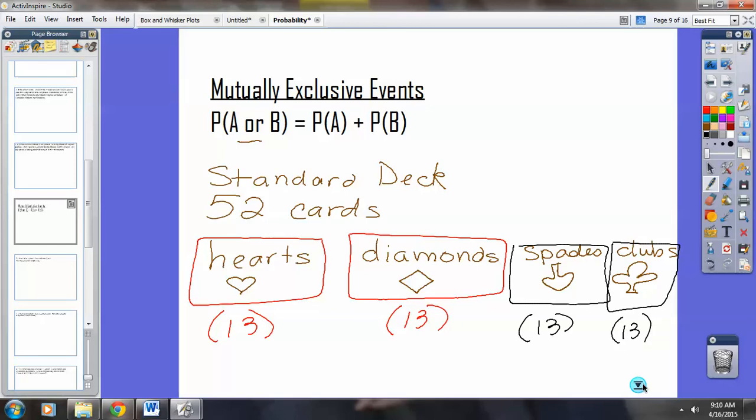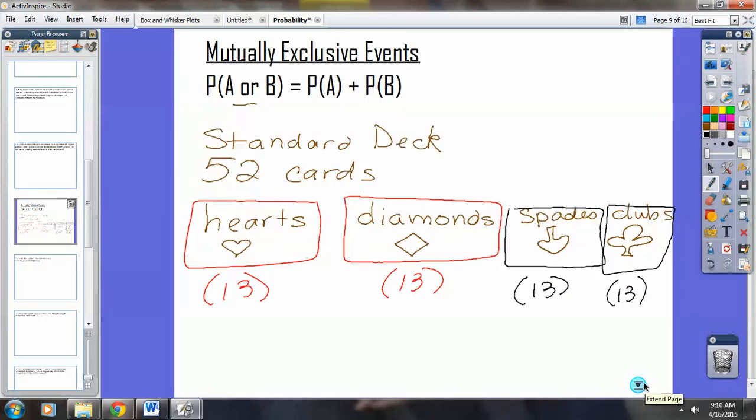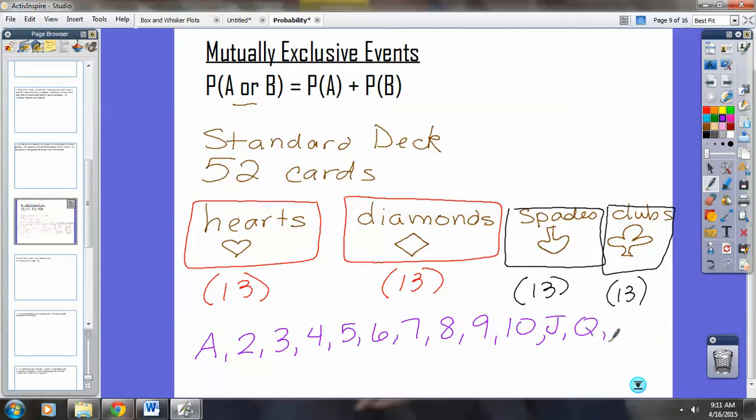So in a deck of cards, let's talk about what kind of numbers we're looking at. We have ace, 2, 3, 4, 5, 6, 7, 8, 9, 10. What comes next? Jack, and then queen, and then king. The ace could either be the 1, or sometimes it's the high card.